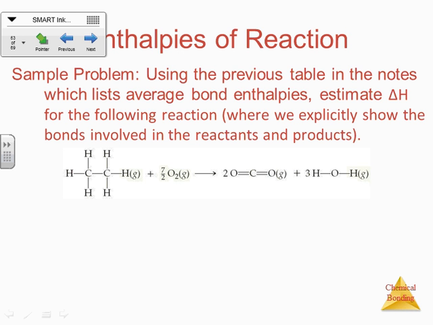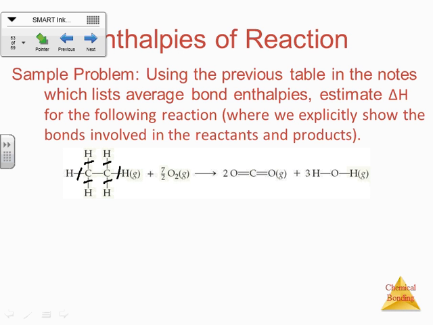Okay? So let's figure out how much energy it would take to break all the bonds on the left side of the equation. So we've got 1, 2, 3, 4, 5, 6 carbon-hydrogen bonds that have to break, right? How much energy does it take, according to that chart, to break a carbon-hydrogen bond? 413 kilojoules per mole, okay?